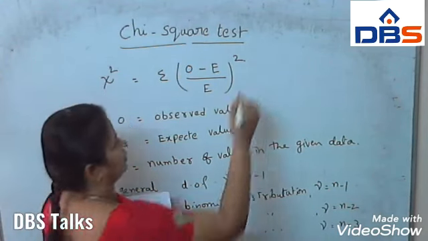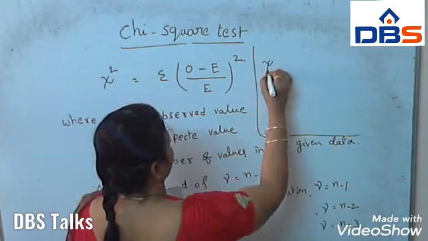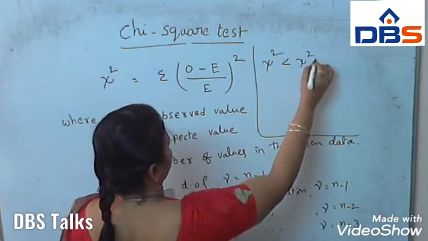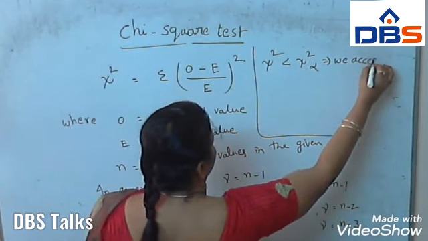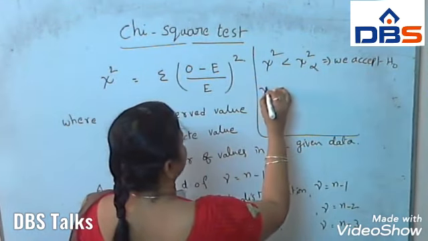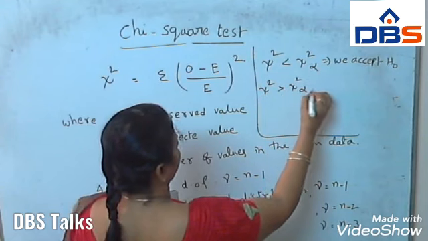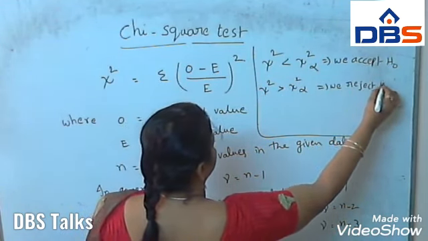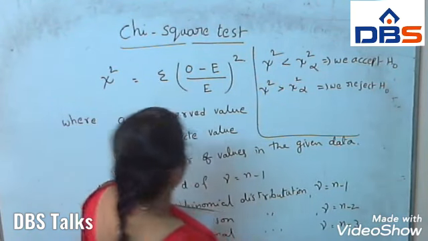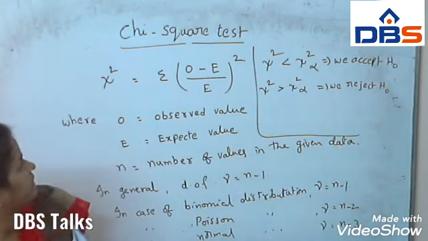If chi-square is less than chi-square alpha, we accept H naught. If chi-square is greater than chi-square alpha, we reject H naught. So, this is the method to test the given statement.